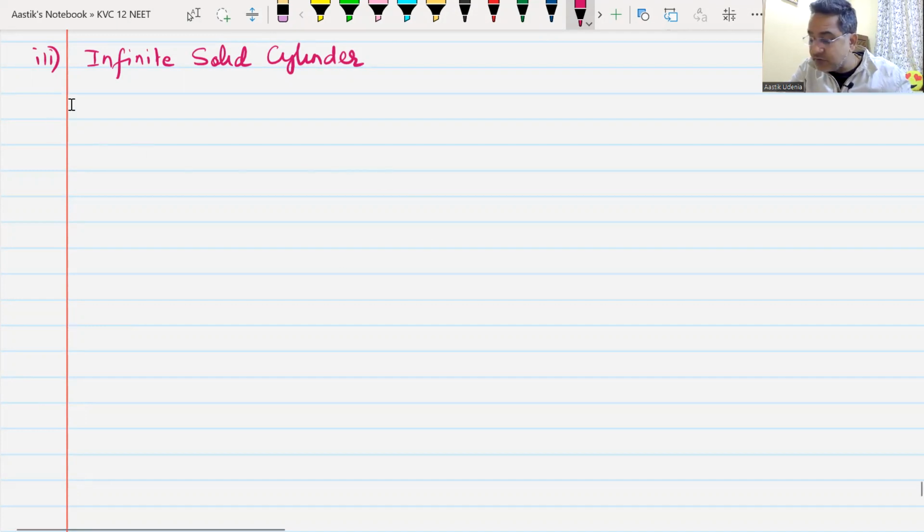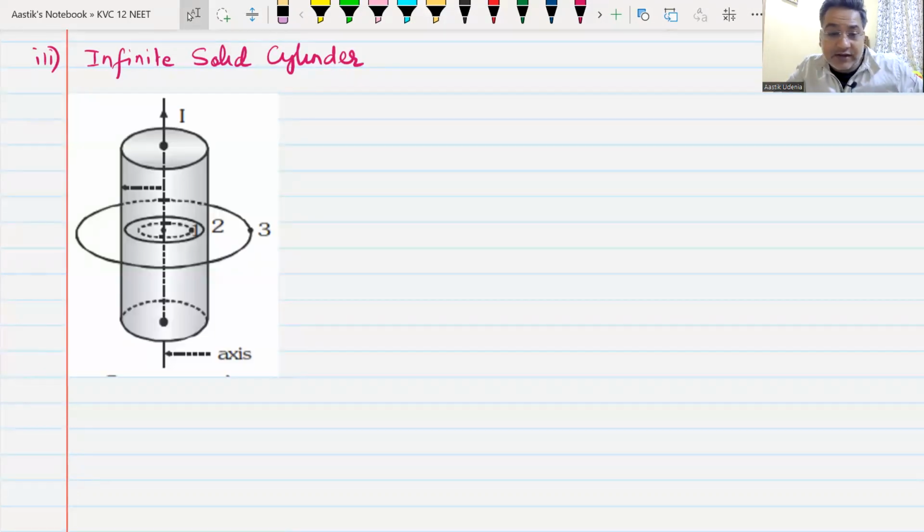So if I just show you the diagram here, the cross section area will be looking like this. It will have current coming inside as well as current coming in the outer surface. So again, if I show you the top view, this is the top view of the same thing.